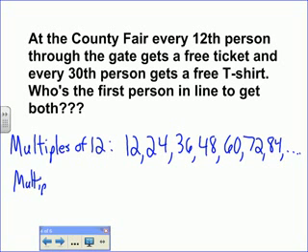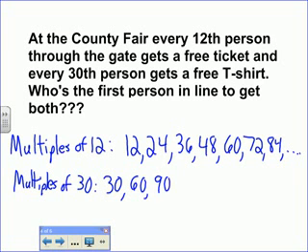Okay? Now if we do the multiples of 30: 30, 60, 90, 120. You could also think of it as 30 times 1 is 30, 30 times 2 is 60, times 3 is 90, times 4 is 120, times 5 is 150, then 180.